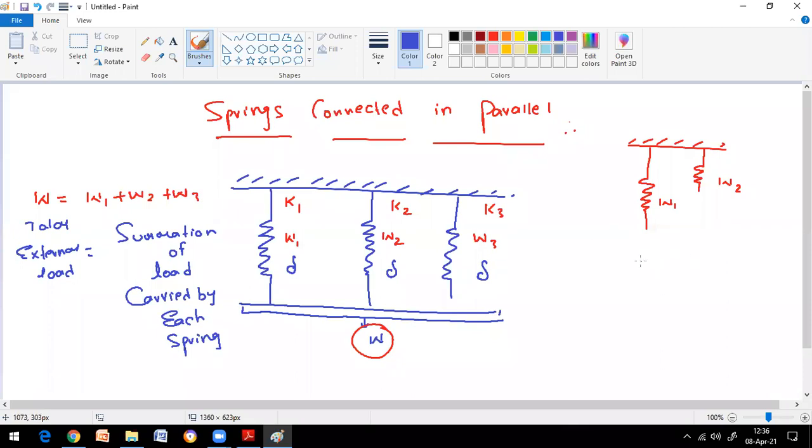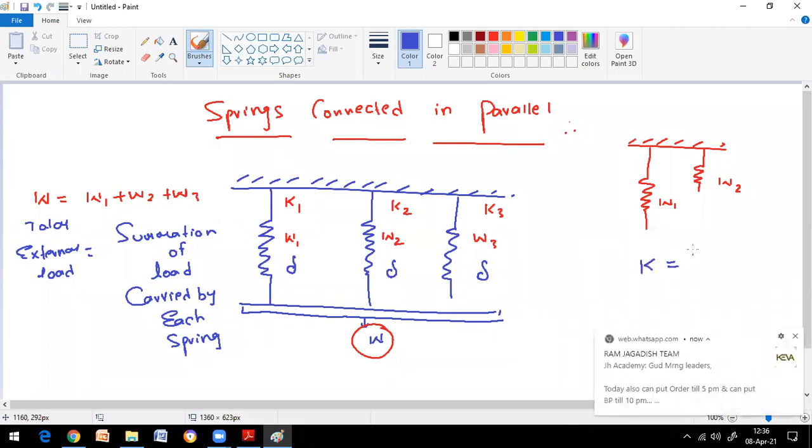Let's write the stiffness equation. K is equal to load by delta. So you can write load as K into delta.